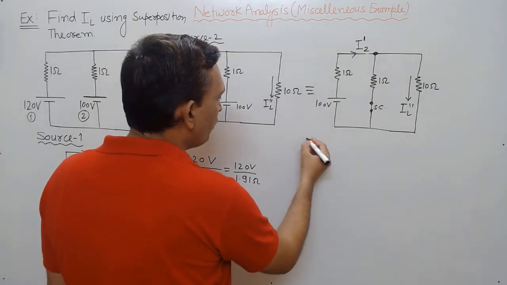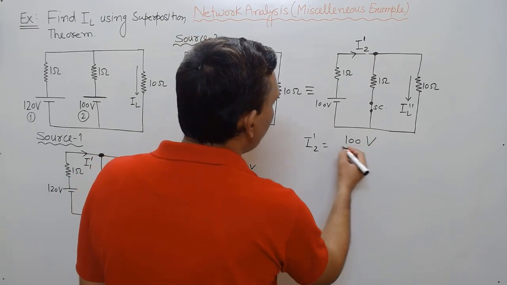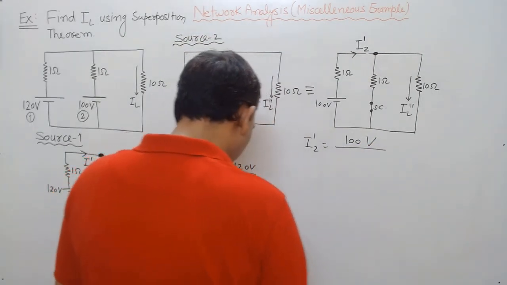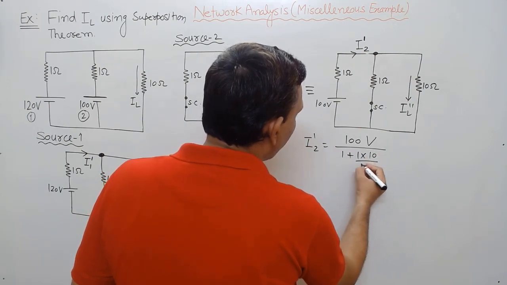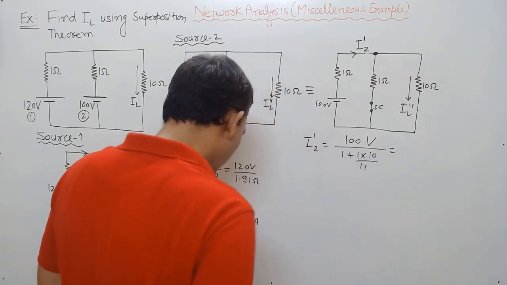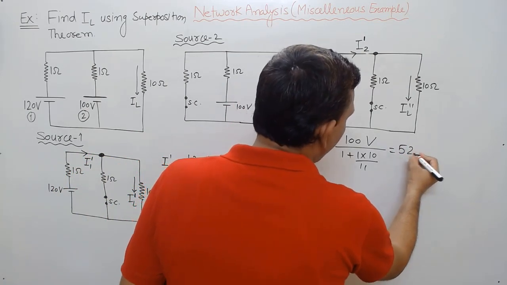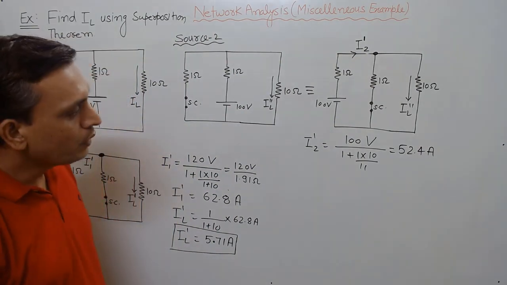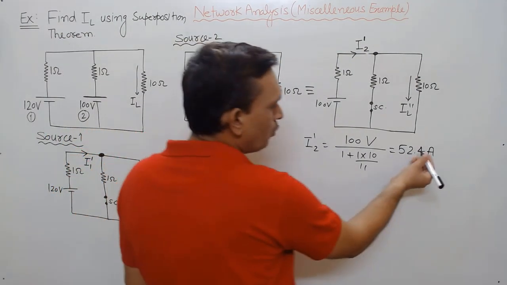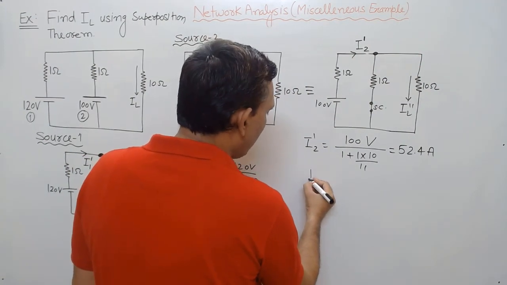So what will be I2 dash? I2 dash is given by 100 volt divided by 1 plus 1 into 10 by 11. And if you solve this, this value will be 52.4 ampere. So I2 dash is 52.4 ampere, and then apply current division.